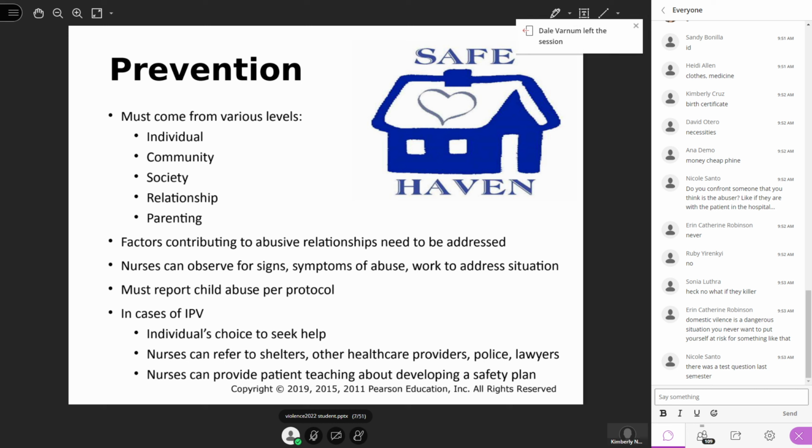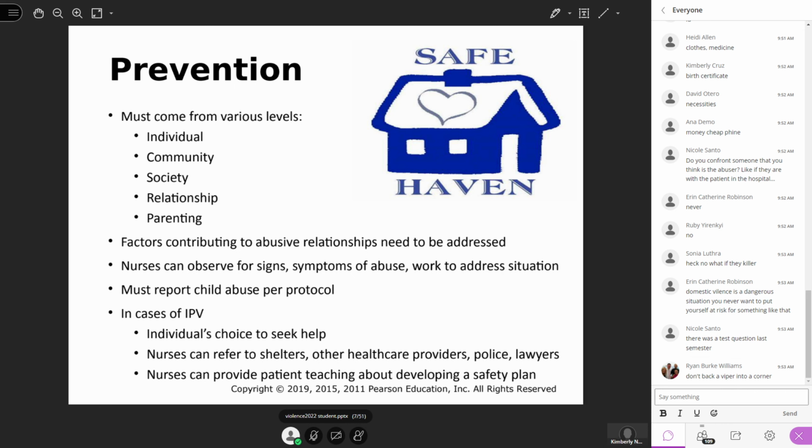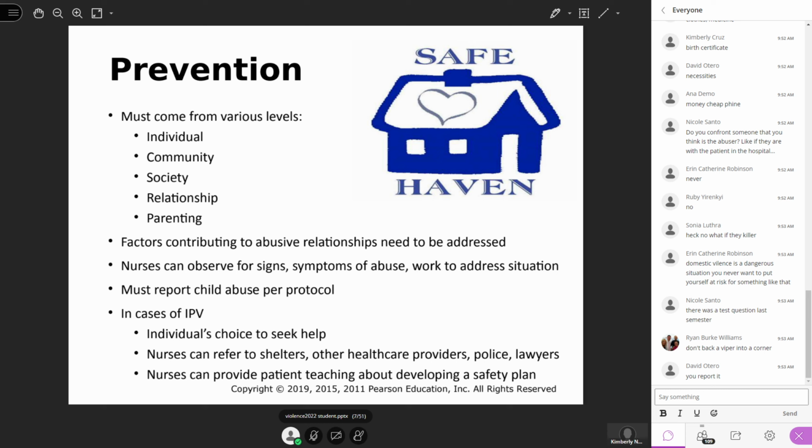Oftentimes we will say, oh, they need to go to a test, and try to take them out and get them into a safe spot where we can talk to them. They're not going to talk up in front of the person that is hurting them. So it's important to do that.